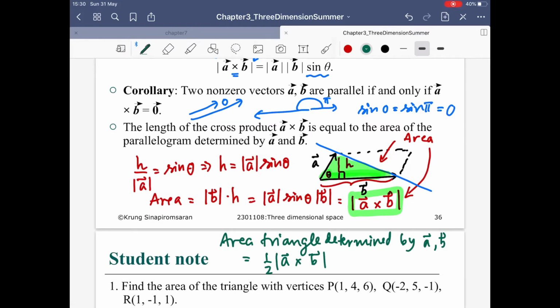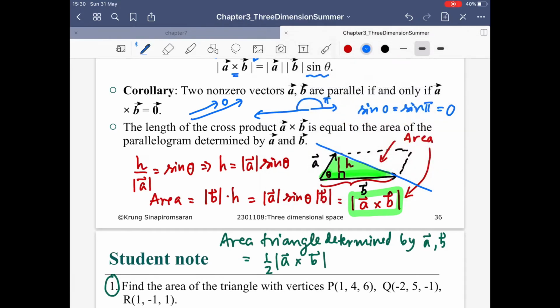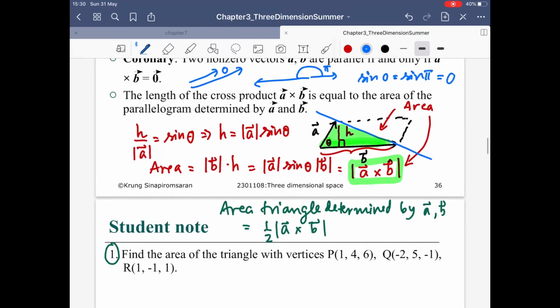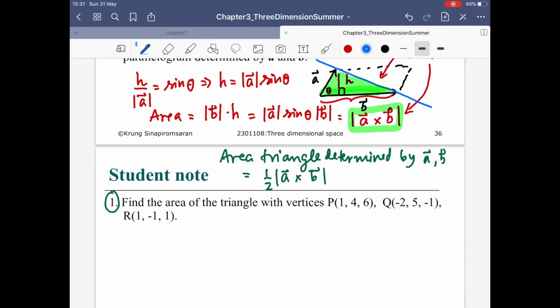All right, that's the first problem that we are going to find. Let's look at the first problem. It's saying that you want to find the area of the triangle with these 3 vertices.